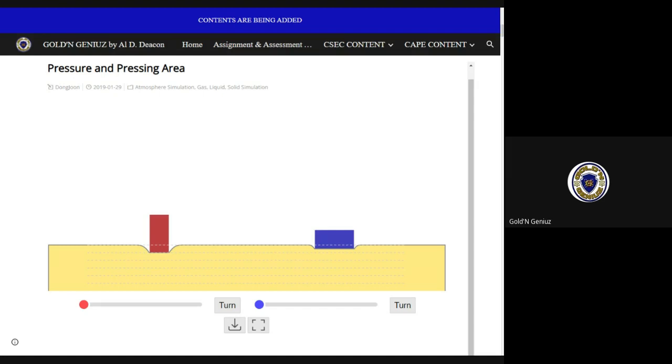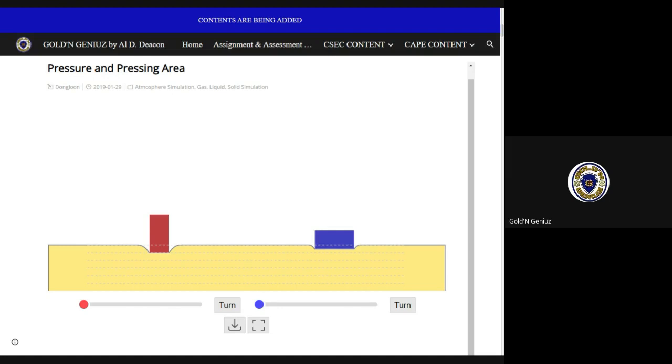So because the surface area of the blue shape is much greater, you're seeing a much smaller pressure being applied to the surface. While in the orange, the surface area is much smaller, so there is a much greater force being applied to the area right there.